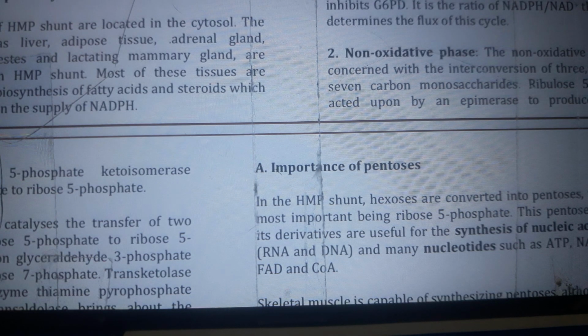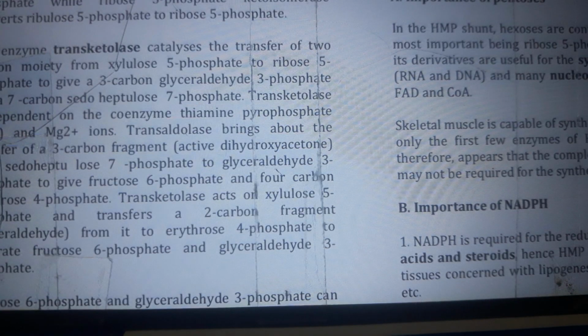Ribulose 5-phosphate is acted upon by an epimerase to produce xylulose 5-phosphate, while ribose 5-phosphate ketoisomerase converts ribulose 5-phosphate to ribose 5-phosphate.